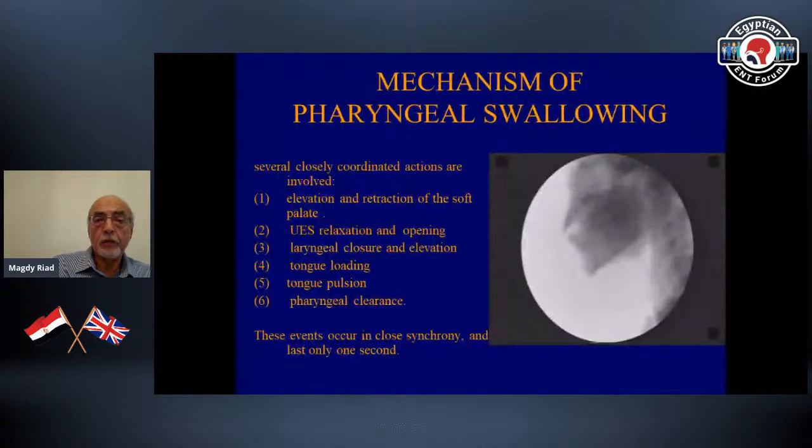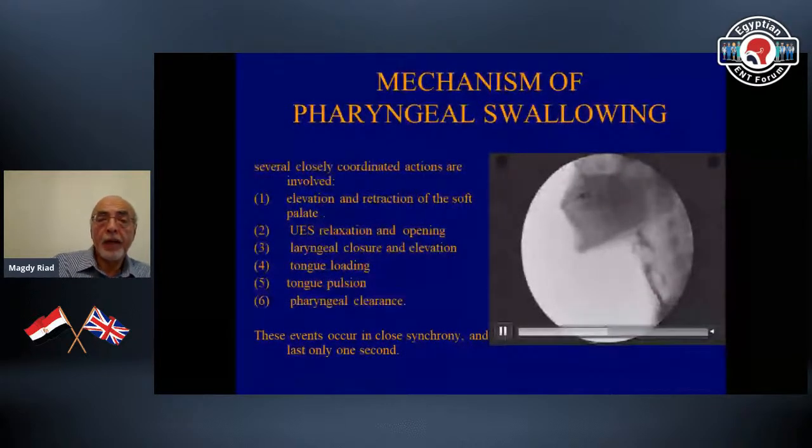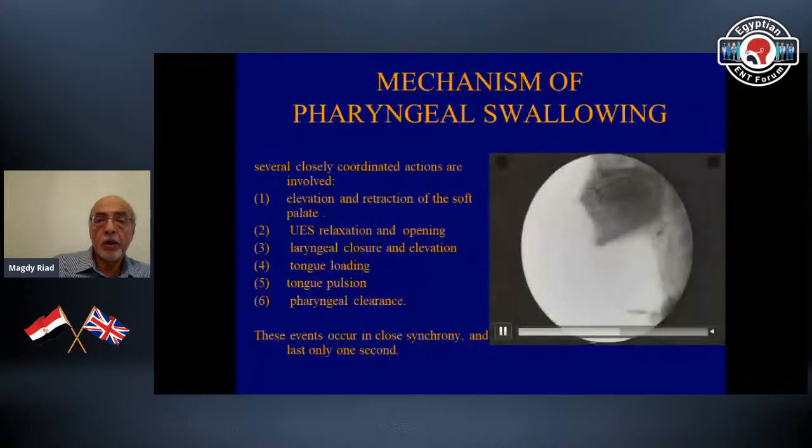physiological aspects of swallowing. Now, the airway and the food channel share the same area here. To swallow, you would have to stop the respiration. You would have to protect the nasopharynx from regurgitation of food.